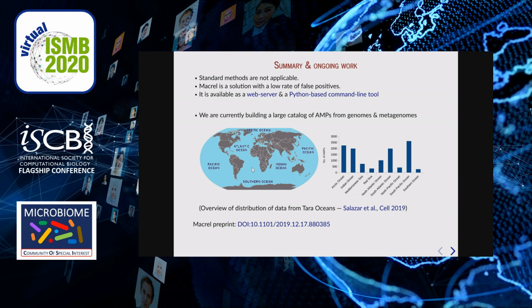What we're currently doing is applying this to a fairly large collection of genomes and metagenomes to try to build a catalog of them, and hopefully next year I can be back here and tell you something about that. We do have a public preprint where we show all of these results and more.